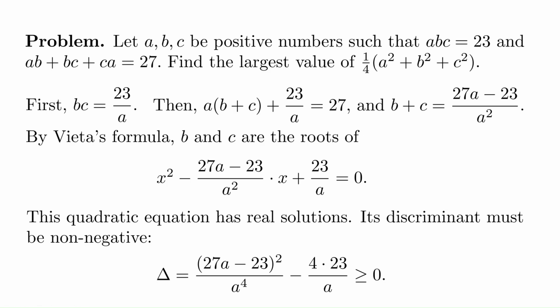This inequality will determine the range of a. Also, b and c satisfy the same inequality because they are symmetric. For example, we can express a times b and a plus b in terms of c to come up with exactly the same inequality in c.